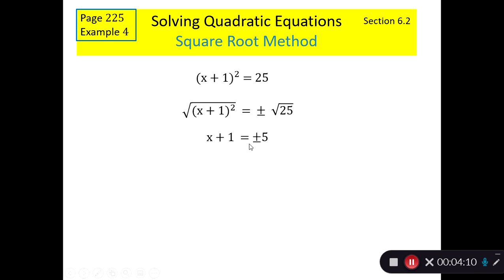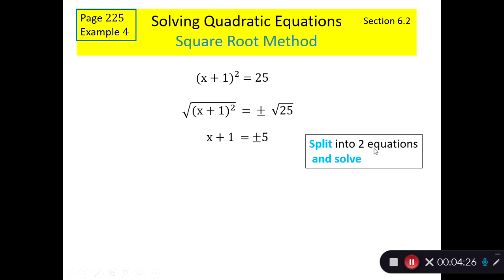Now we're going to go solve for the x. We're going to subtract 1 from both sides. But wait a minute. If I subtract 1 here, what am I subtracting from, the positive or the negative? Well, that's when you go ahead, before you bring the 1 over, and you show and split into 2 equations to solve it.